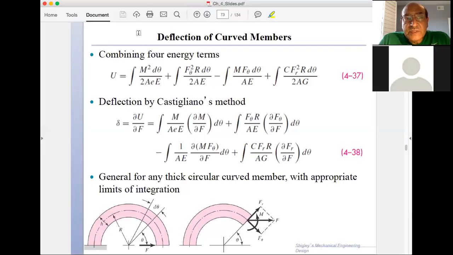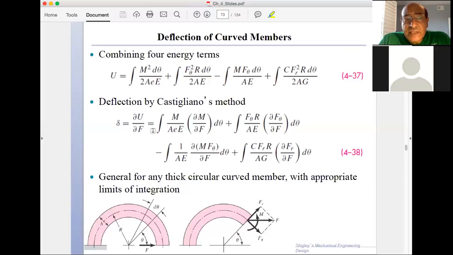So it's very important to know that we can take the derivative with respect to the applied force. And if you look upstairs here, all of the terms have the force and have some relationship to the force. So the relationship to the needed force comes into the M and the F theta and the F r.